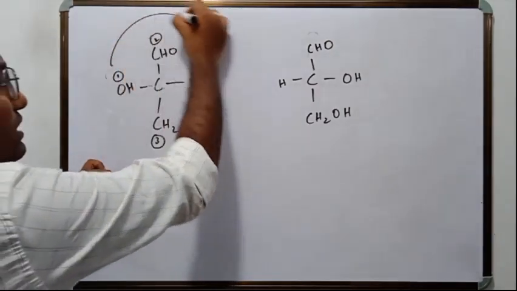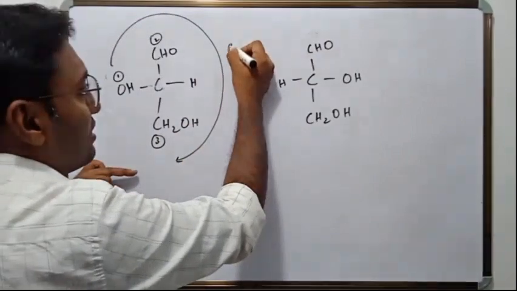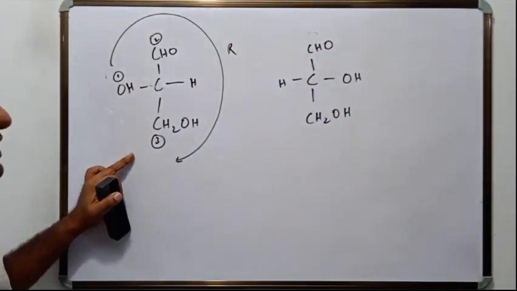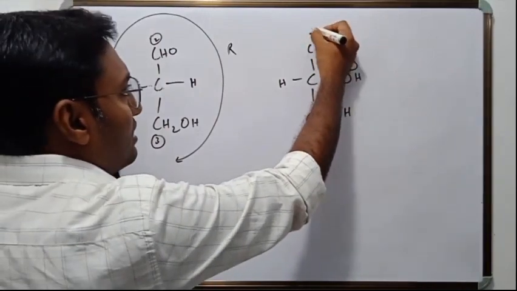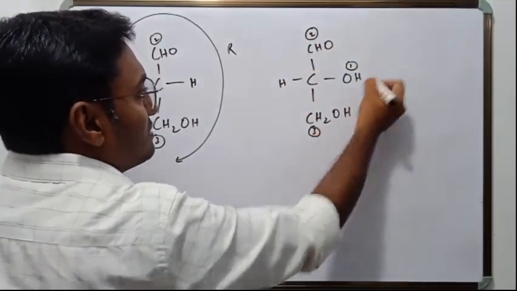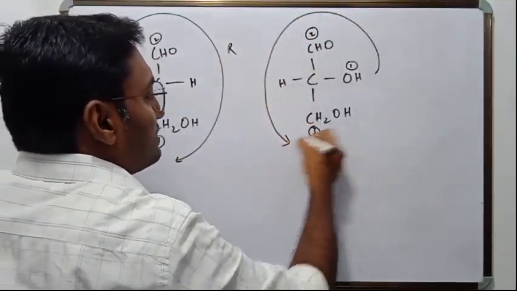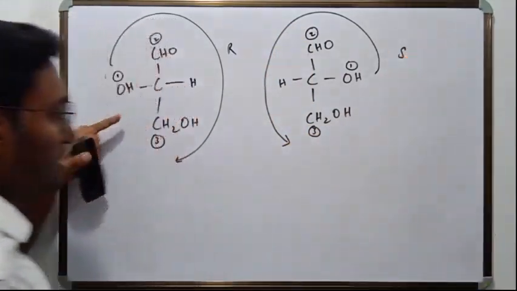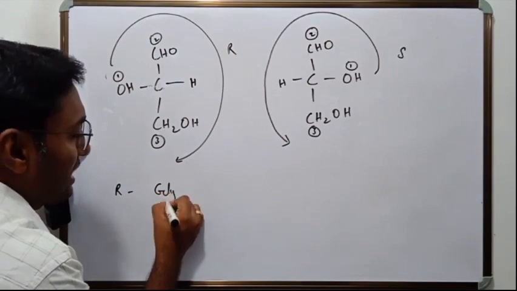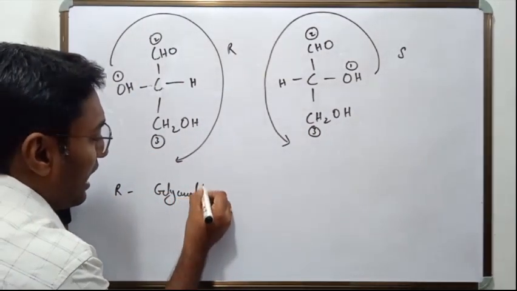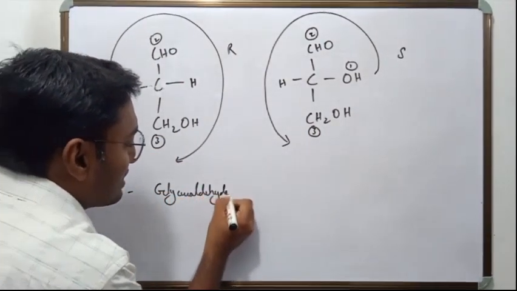If you draw an arrow, this will be R because it is moving in a clockwise direction, and here the numbering will be the same, and this will move in an anti-clockwise direction. So this will be S. So this is R glyceraldehyde and that is S glyceraldehyde. Both are optical isomers of each other.